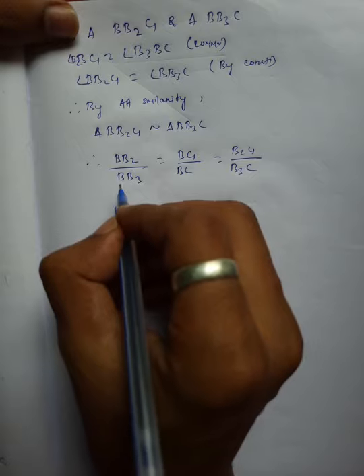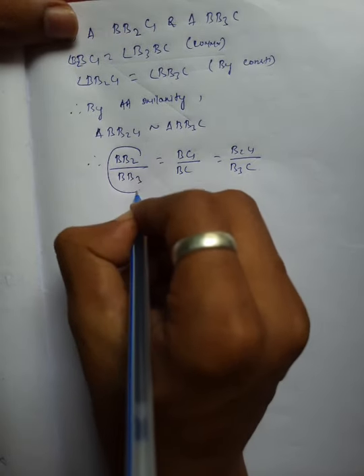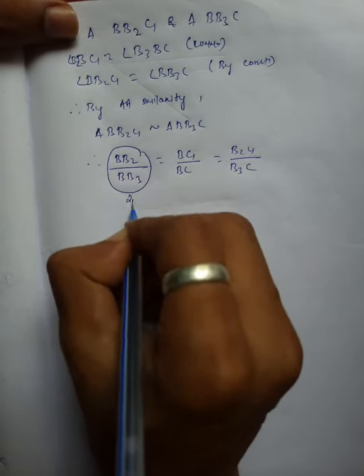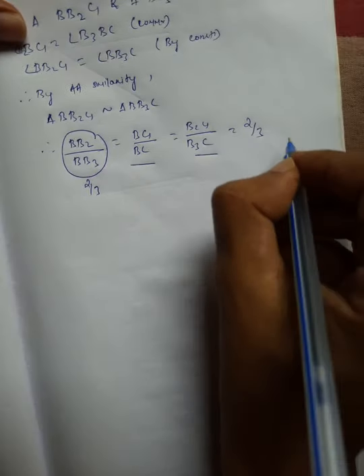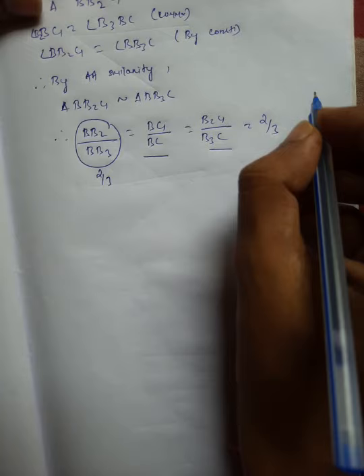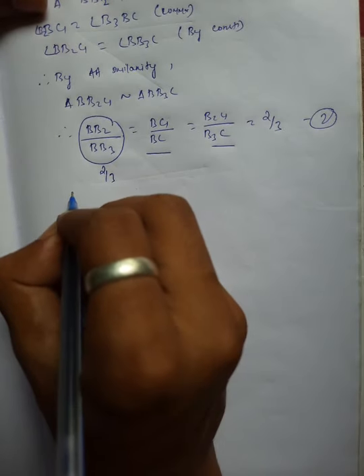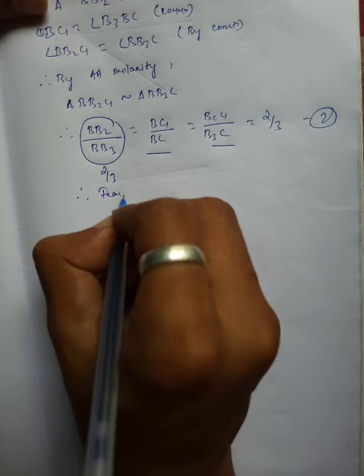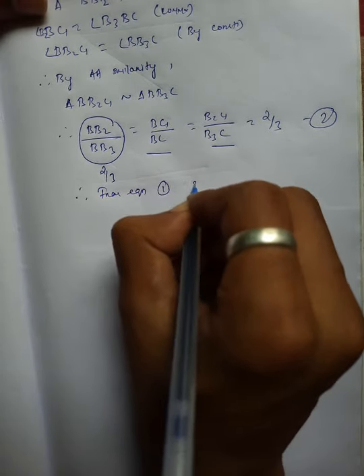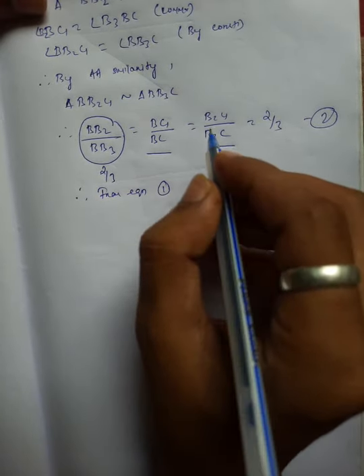So as per construction, BB2 by BB3 equals 2 by 3. So this is also 2 by 3. This is equation 2.